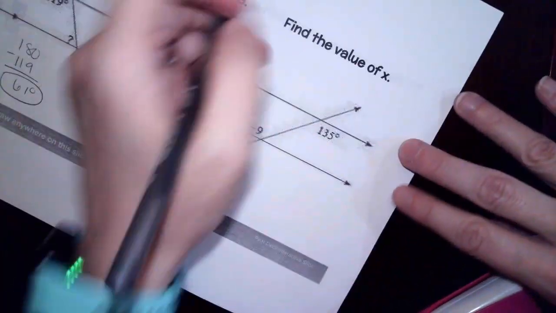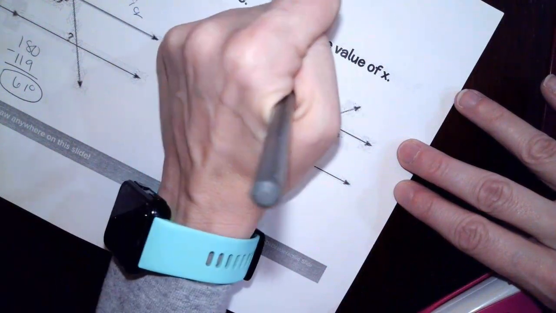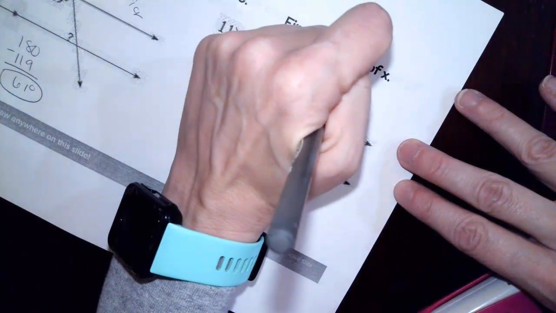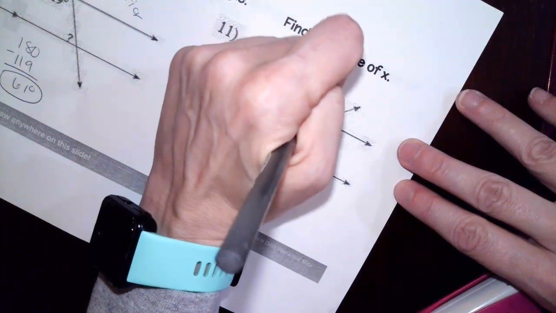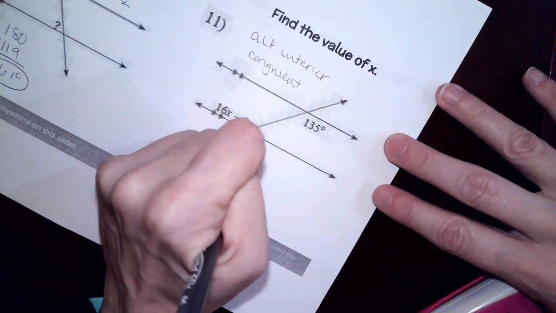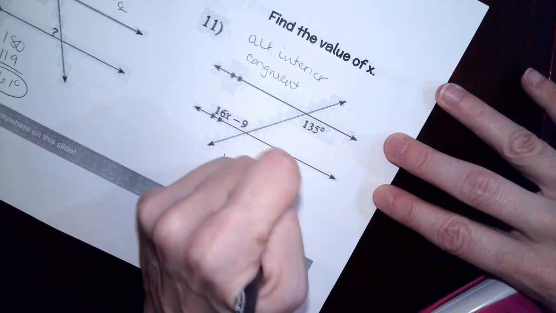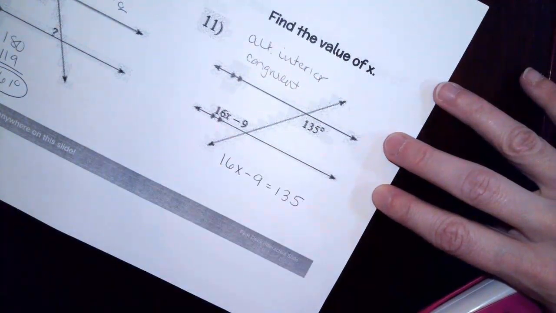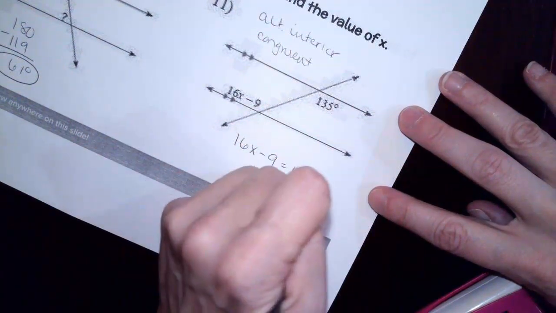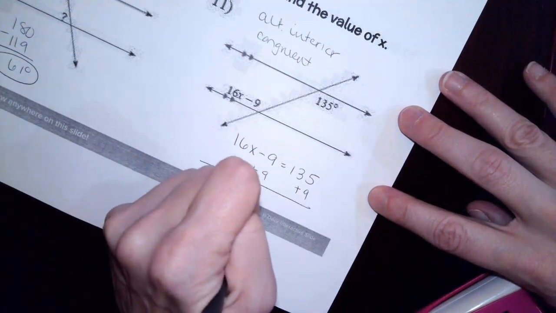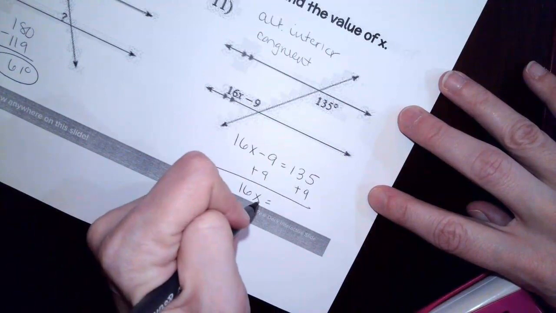Now these angles are alternate interior, and they are congruent. So we'll say 16x minus 9 equals 135. Remember that chart that we did back for Unit 3? Add the 9 to both sides. You only have two choices pretty much in this entire chapter.